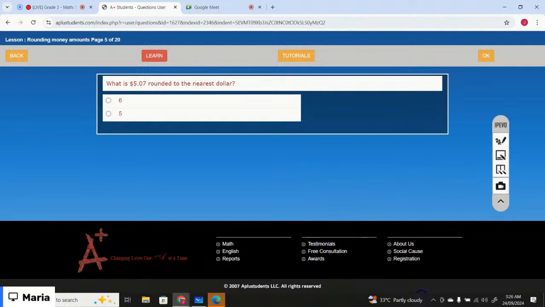What is 5.07 rounded to the nearest dollar, which is the correct option?